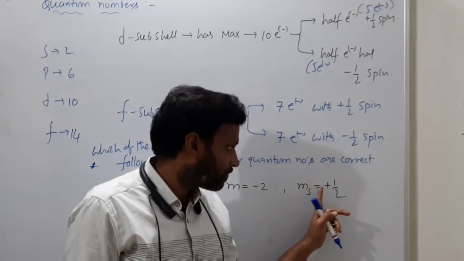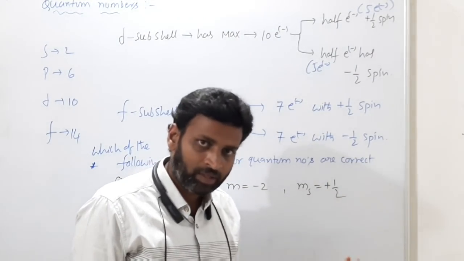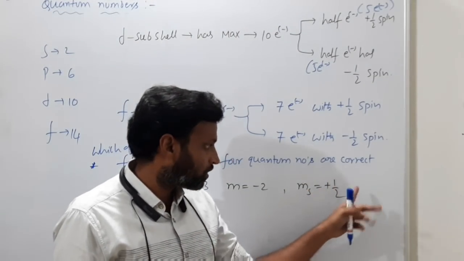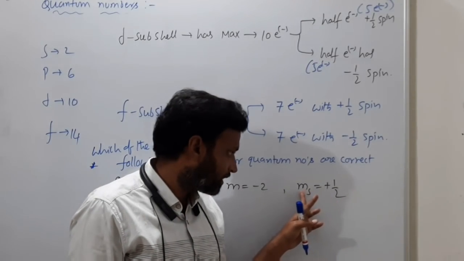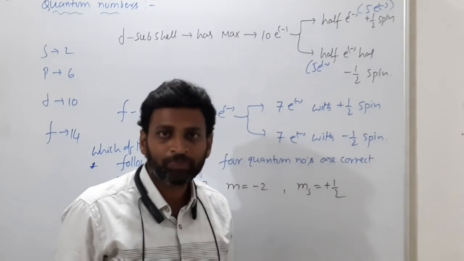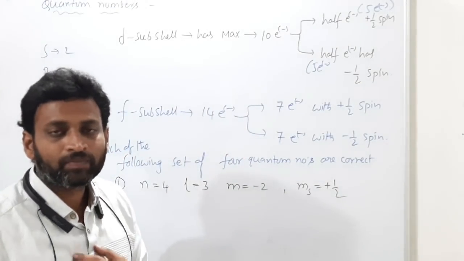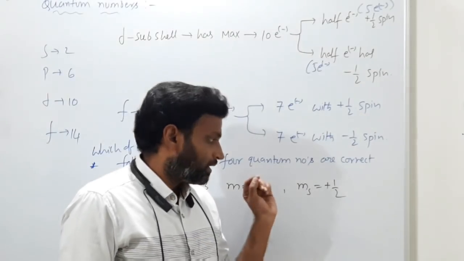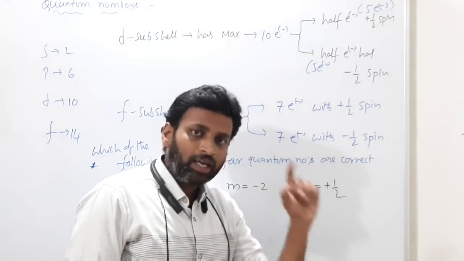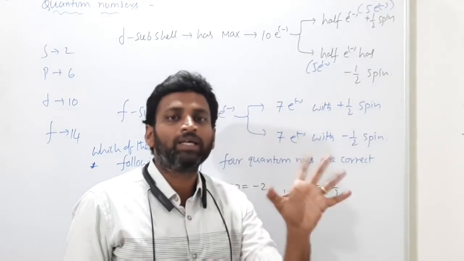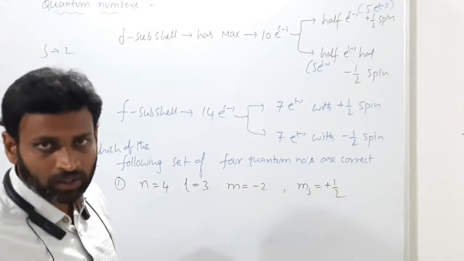If I have written either plus half or minus half, it is correct. If I write anything like 1, 2, 3 or -1 for ms instead of plus half or minus half, that is wrong. Getting what I am saying? ms is always either minus half or plus half. That's it. Got it clearly?